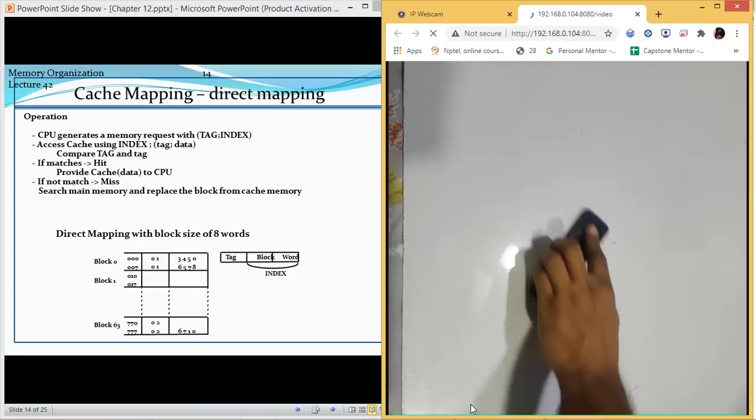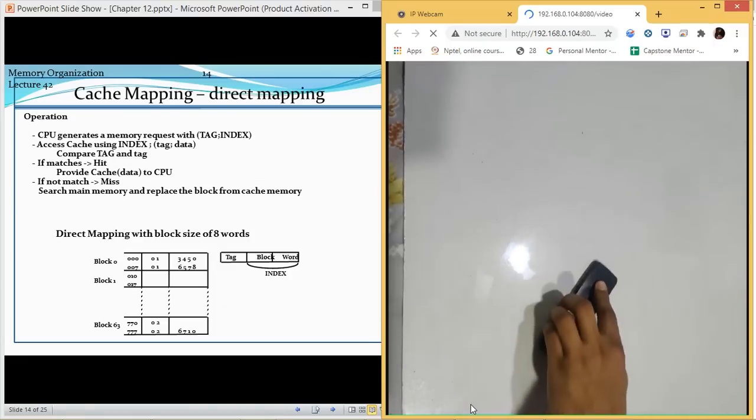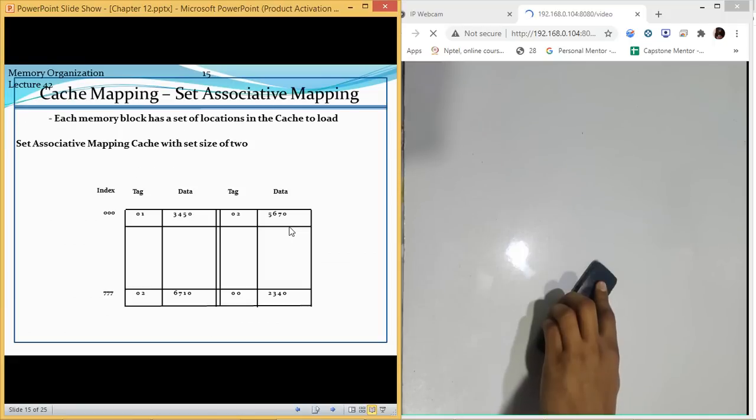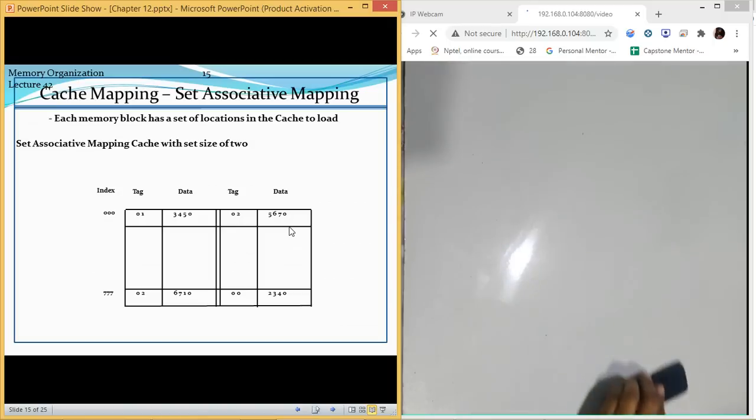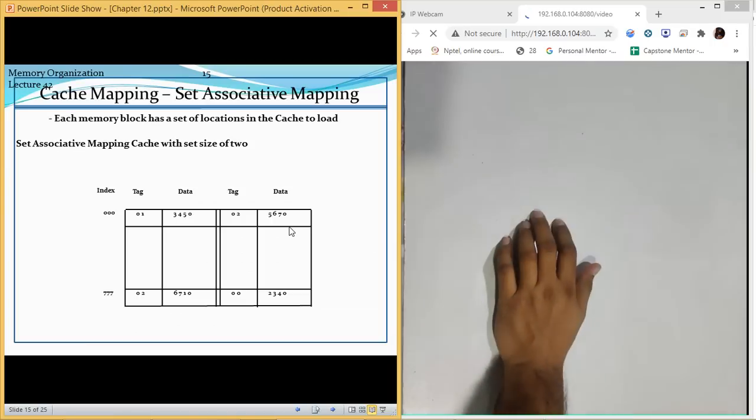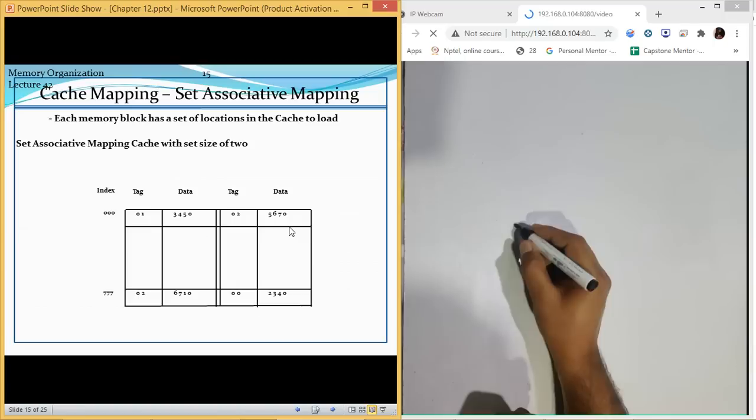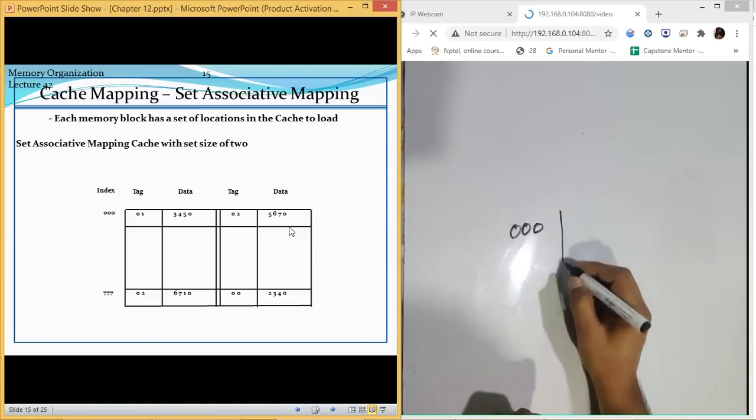Now this problem was overcome by using another type of memory known as set associative memory. In set associative memory, we have data, which is just an octal representation of everything, for data, tag as well as index. Instead of having a single tag at a single index, we now have multiple tags at a single address.